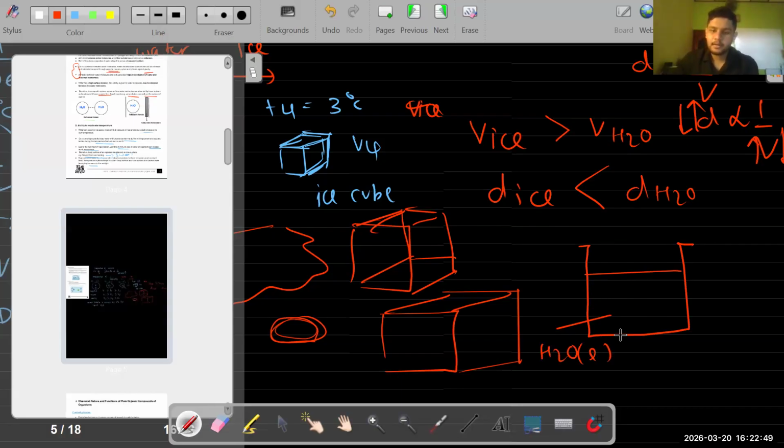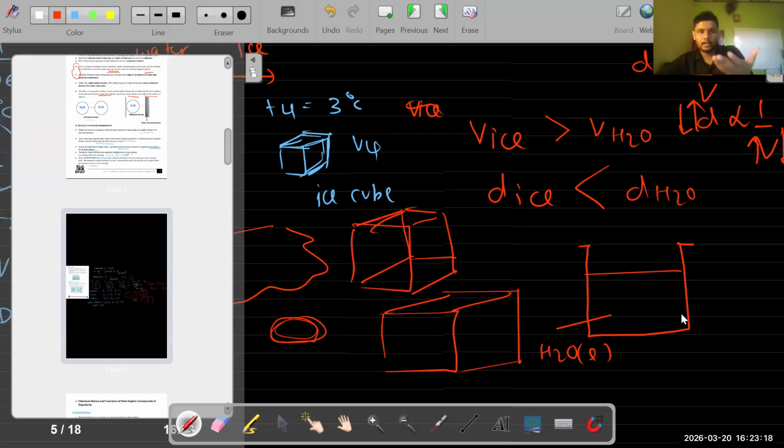Components that are having a lower density compared to water, will they float on water or will they sink on water? This is my question. Substances that have a lesser density compared to water, will they float on water or sink on water?